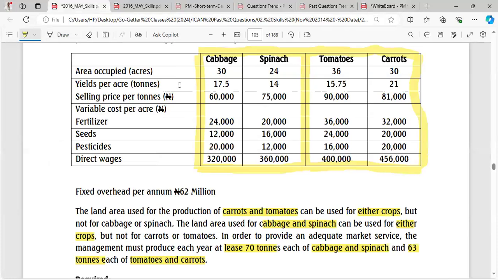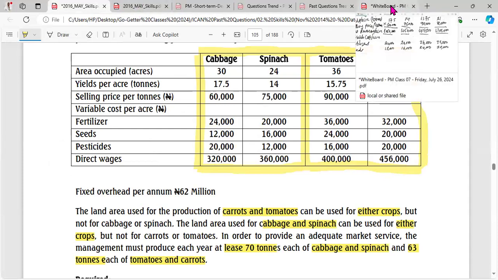Then we have pesticides, 20, 12, 16, 20.